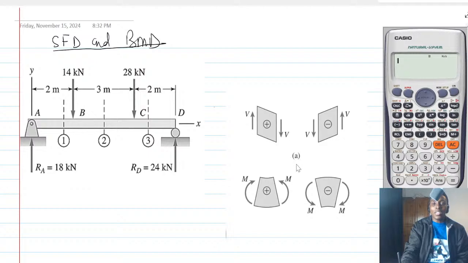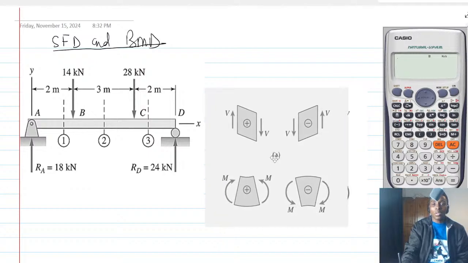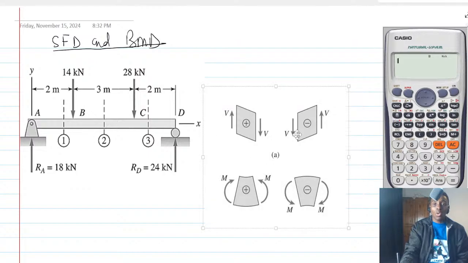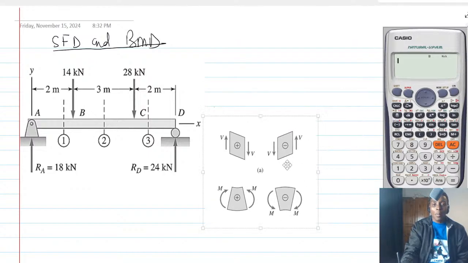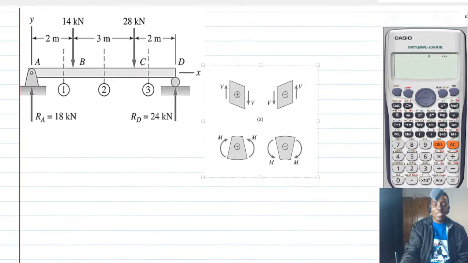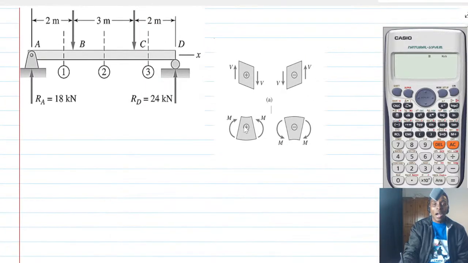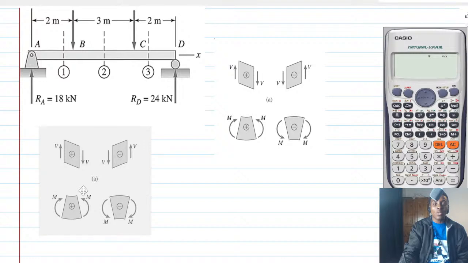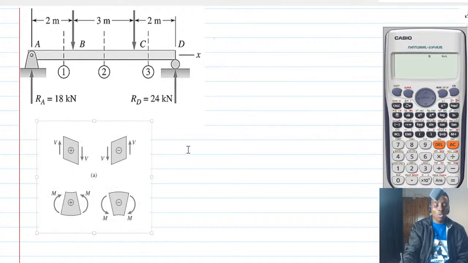Alright, so this is the convention that you have to use. This is the convention that you always have to use. But I don't encourage you to memorize everything. I only want you to memorize one. Just memorize only one of them.